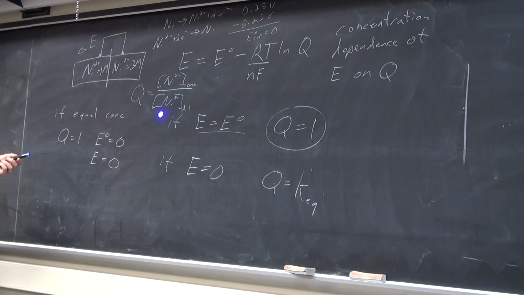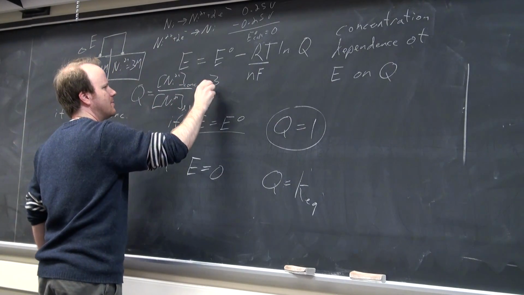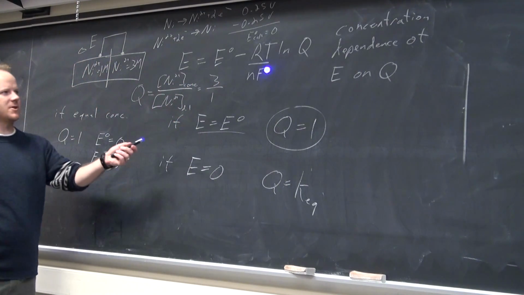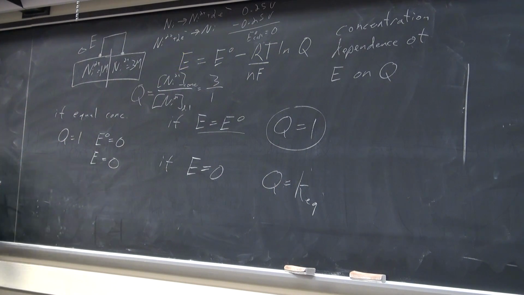So you can figure out the Q from the 2 concentrations, 3 molar over 1 molar, and you can plug it into this formula to get E, your potential difference. Yeah? E0 is always going to be 0 for concentration cells because it's the same substance. Exactly. E0 is always 0 for a concentration cell because it's the same half reaction, just going in different directions. And it's only driven by difference in concentration. Exactly.